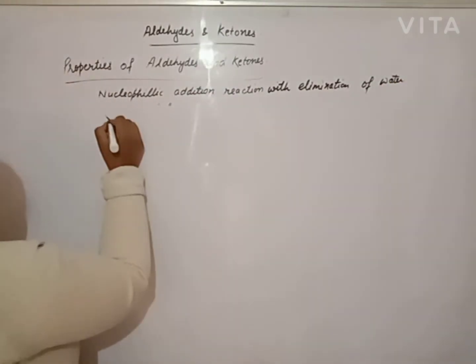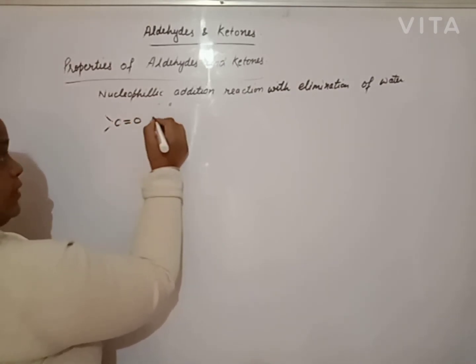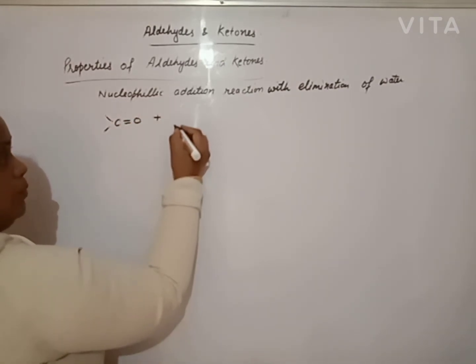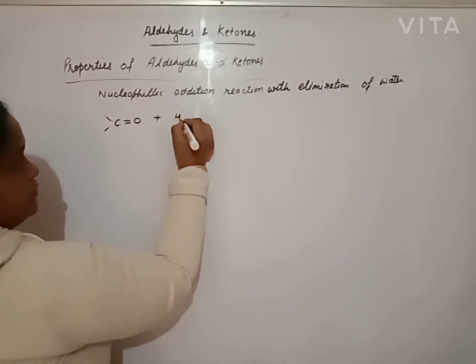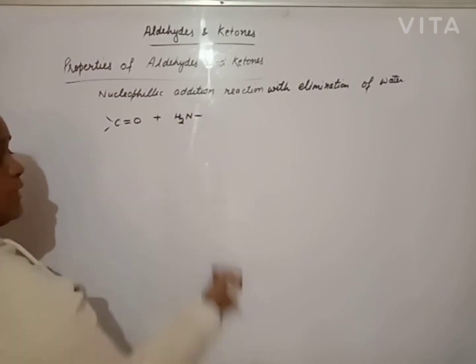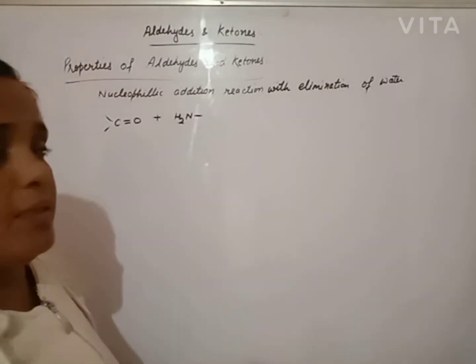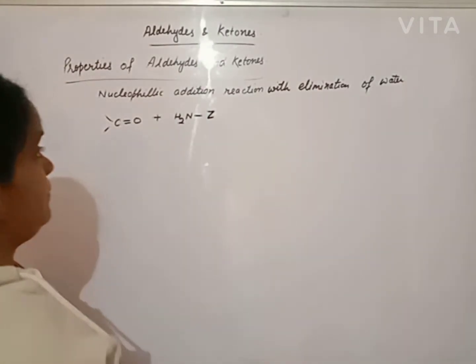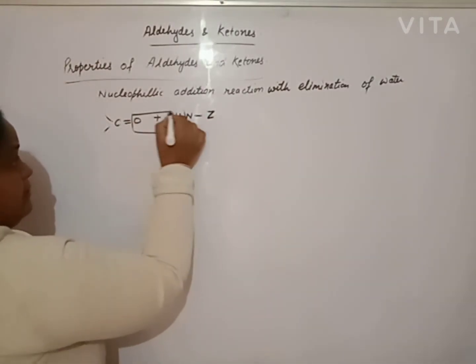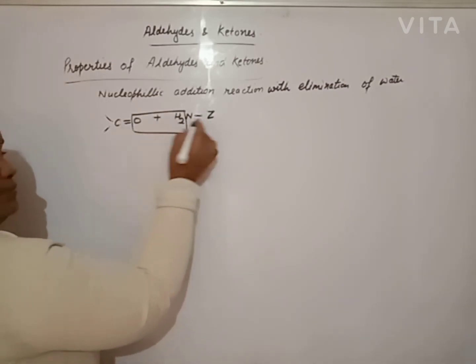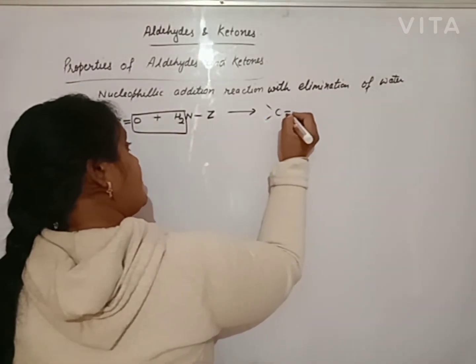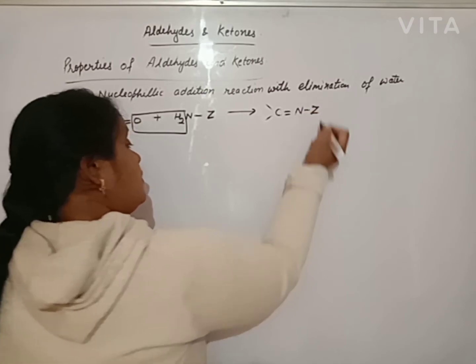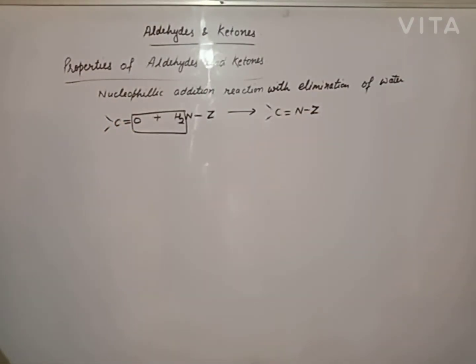In this case, the carbonyl group, either aldehyde or ketone, reacts with an ammonia derivative. Ammonia derivative means one hydrogen of ammonia is replaced by some other group. We will represent it by Z. Water is eliminated and the nucleophile will add.